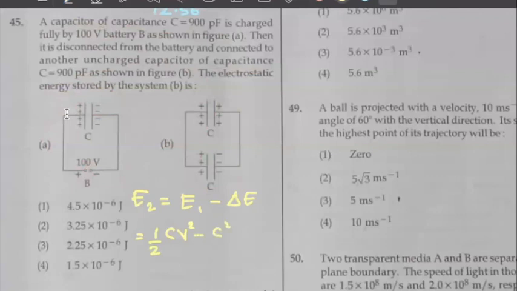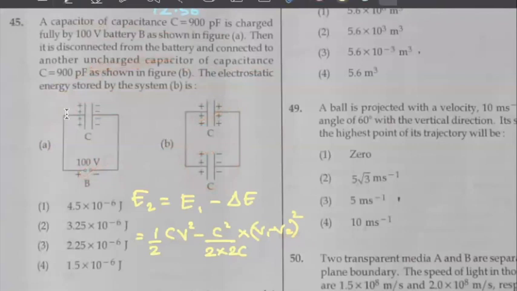C1 C2 upon 2 times C1 plus C2, which is C square upon 2 times 2C, into V1 minus V2 square. So V1 is this voltage, 100 volts. The first capacitor is charged to 100 volts, and the second capacitor is not charged at all. It was 0 volts, right? Uncharged capacitor.